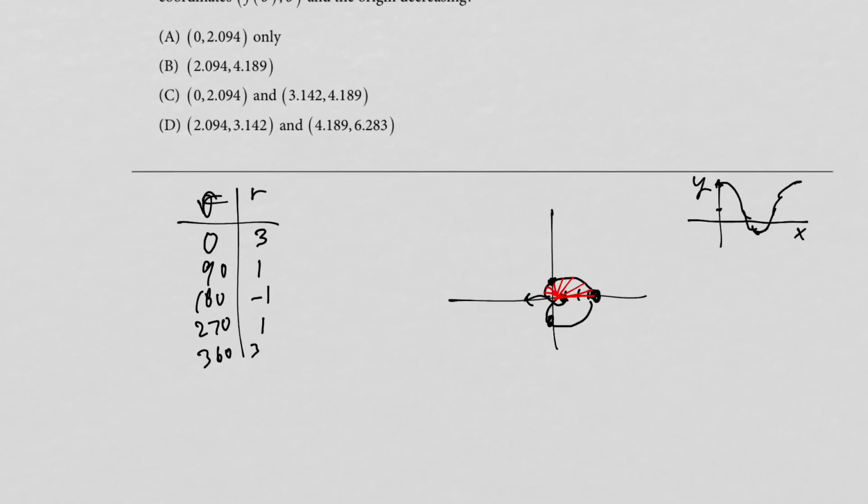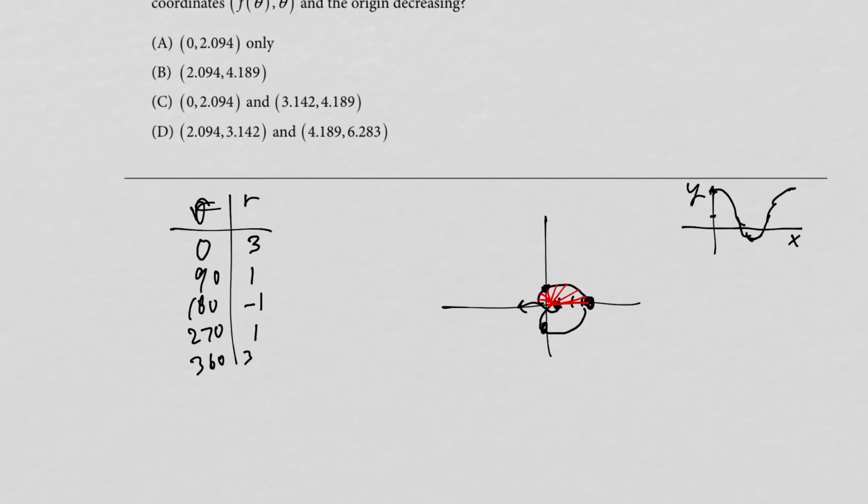I feel like from 0 to this is a potential answer. So is this, because it's definitely getting smaller. At 0 degrees, it's all the way at 3, but at 90, which is pi over 2, about 1.5, it's down to 1. But all the way down, it keeps getting smaller. So these aren't the answer.